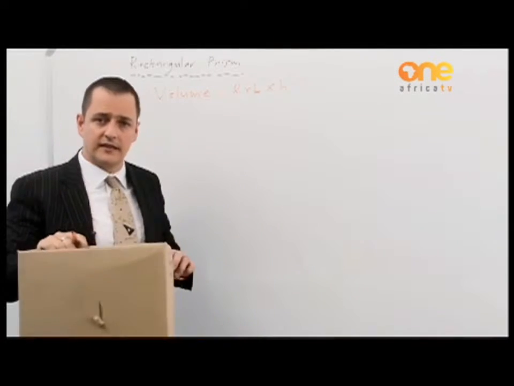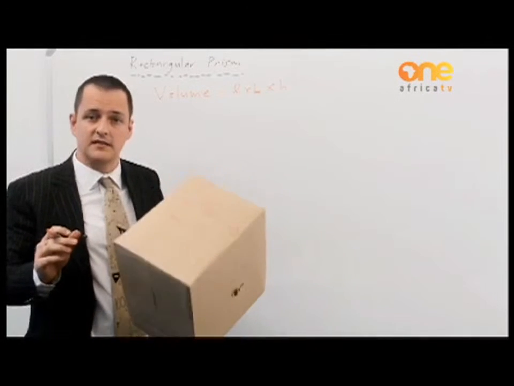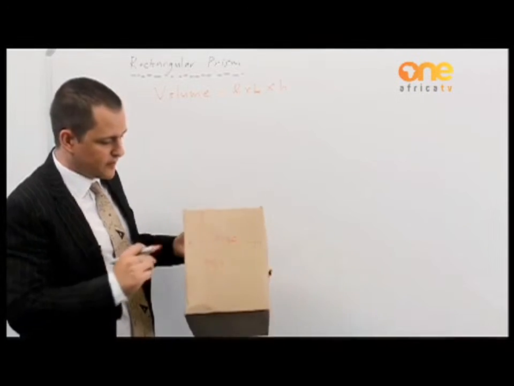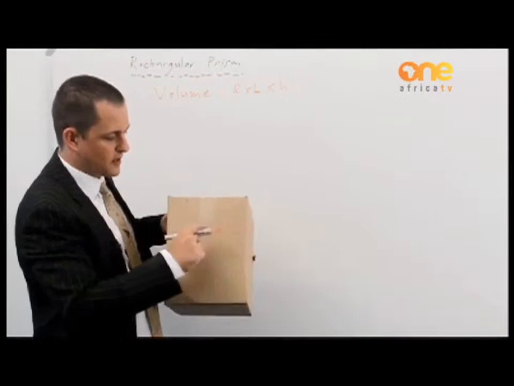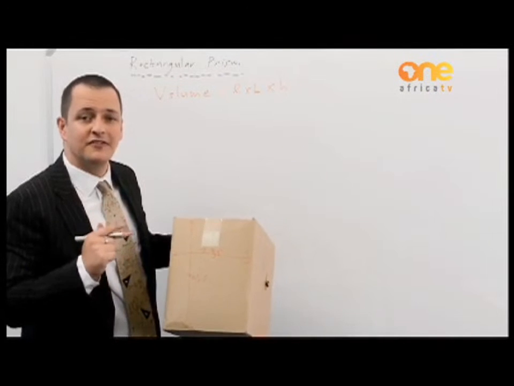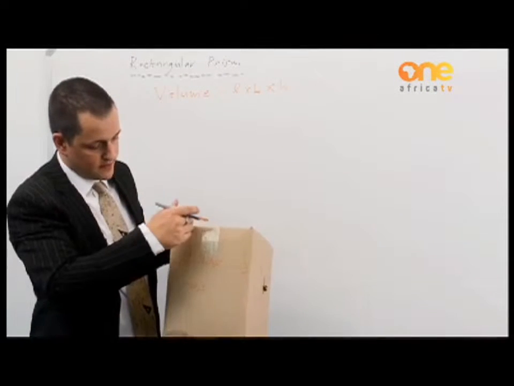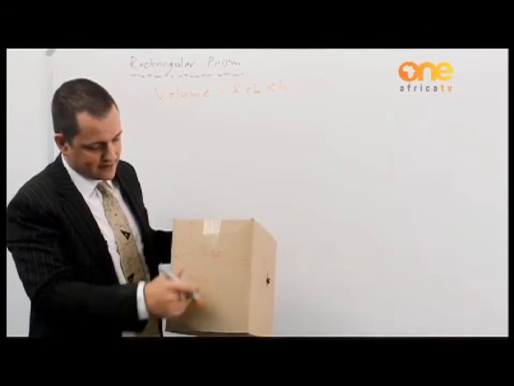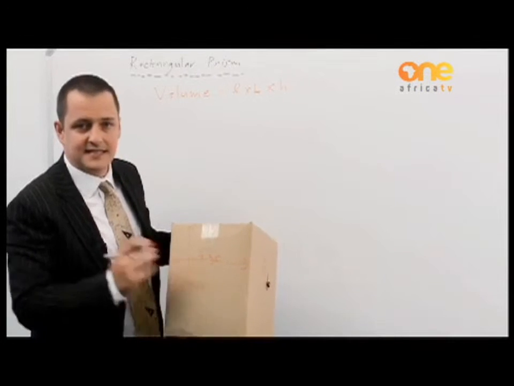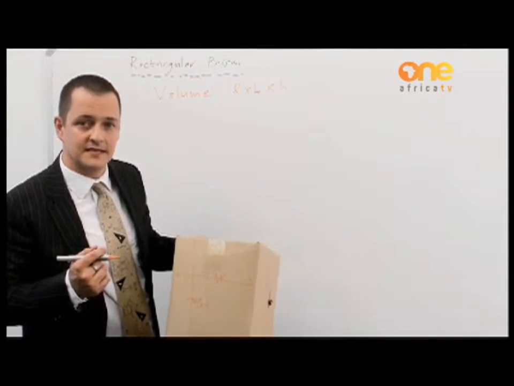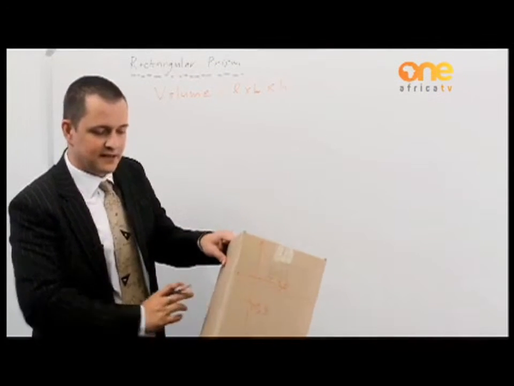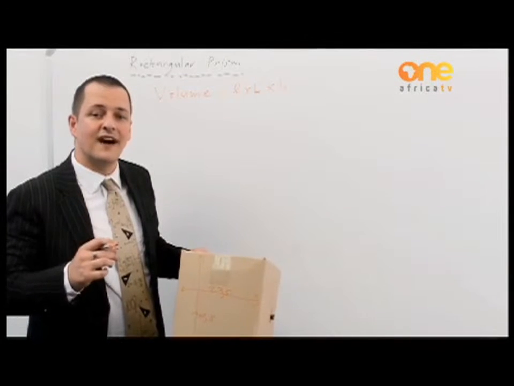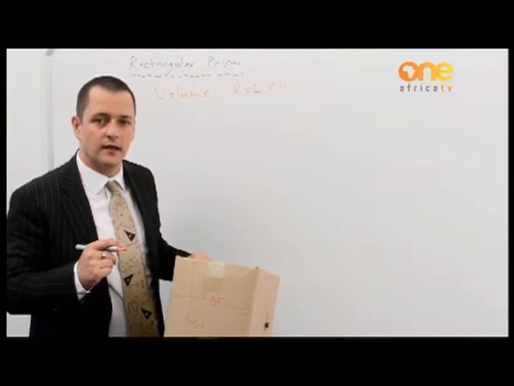Well, let's calculate the volume of this box. I have previously measured that the width of this box is 23.5 centimeters. The length of the box is 30.5 centimeters, and the depth is 30.5 centimeters as well.